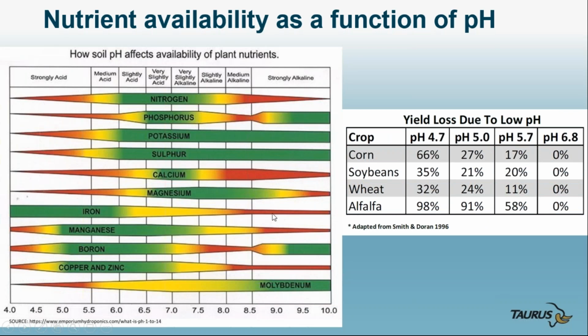And we have pH issues, and you can see here that low pH affects molybdenum. Low pH allows these micronutrients to be readily available. Most of them are available in this mid zone, but micros are not available here. We know that the pHs affect the yield loss, or we get inefficiency when we get into pHs that are low, and we get into inefficiencies when the pHs are way too high.